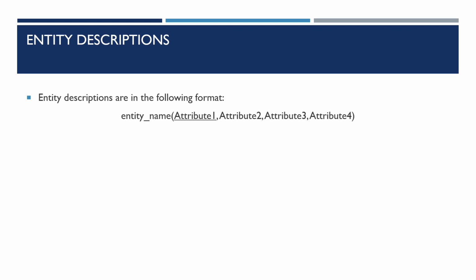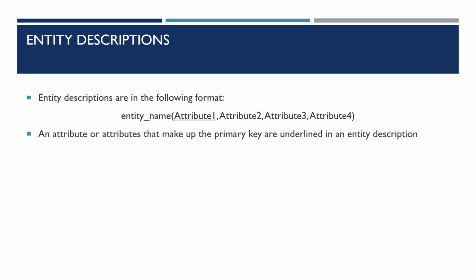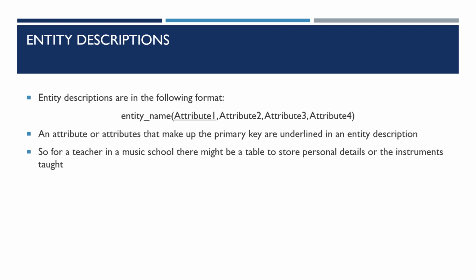Entity descriptions are written in the format of entity name, followed by all of the attributes that make up that entity, written inside brackets. An attribute or attributes that make up the primary key are underlined in the entity description. So for a teacher in a music school, there might be a table to store personal details or the instruments taught.